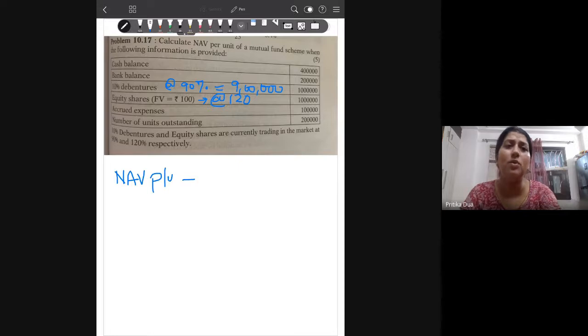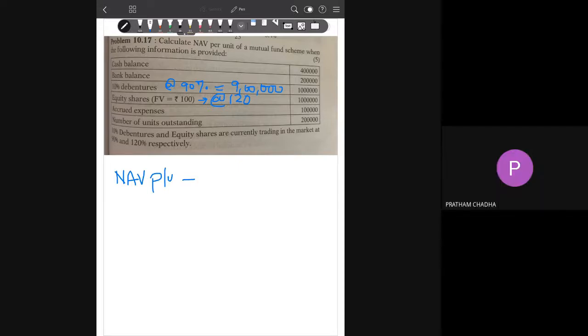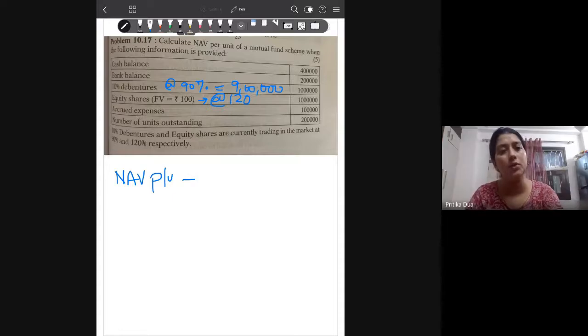Cash is also considered an asset, held as an investment. So you will add both of these. Okay, bank balance and cash balance both are being held by the mutual fund. So say it is still looking for some better investment, so 4 lakh rupees of liquid cash is kept, and even bank balance would be counted as an investment. So you need to add this 6 lakh to the 21 lakh you have calculated.